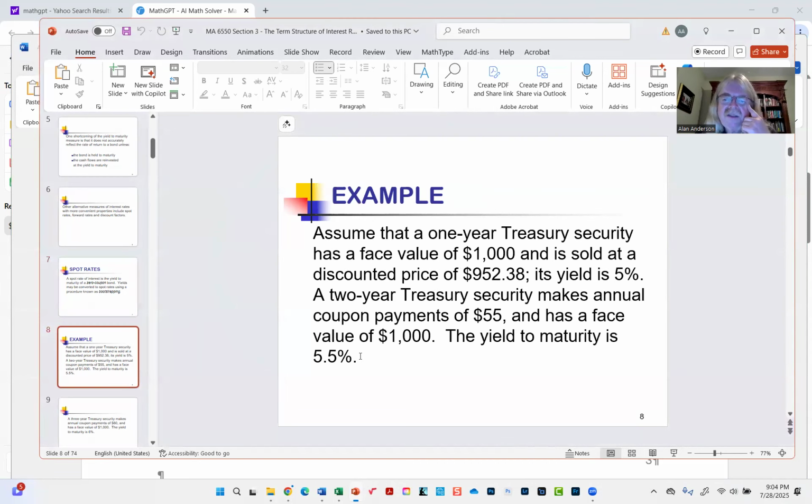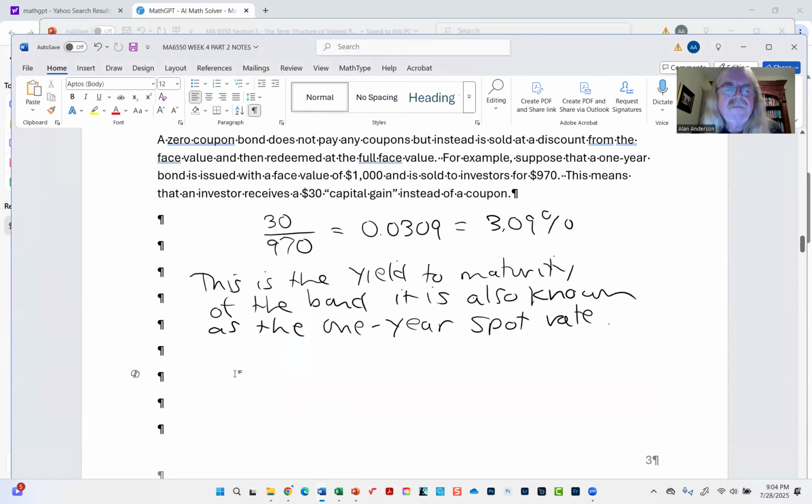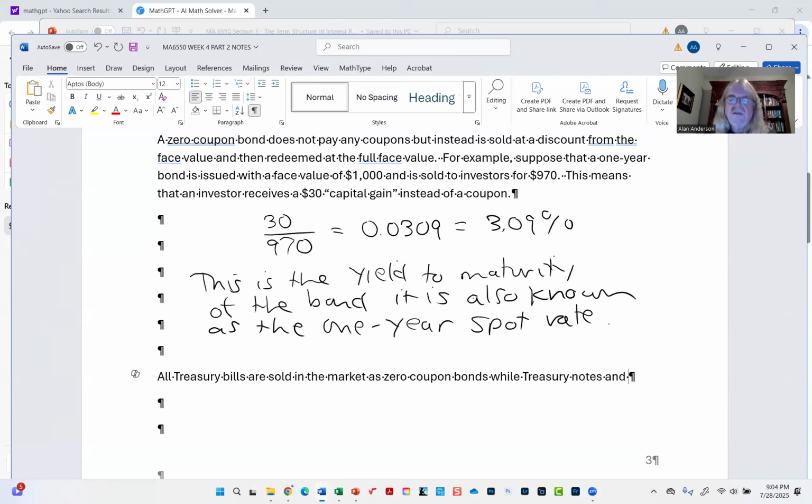Here's an example. So let's say we go into the treasury market, and, you know what I wanted to mention here in case I've forgotten, all treasury bills are sold in the market as zero coupon bonds, while treasury notes and bonds are sold as coupon bearing bonds.